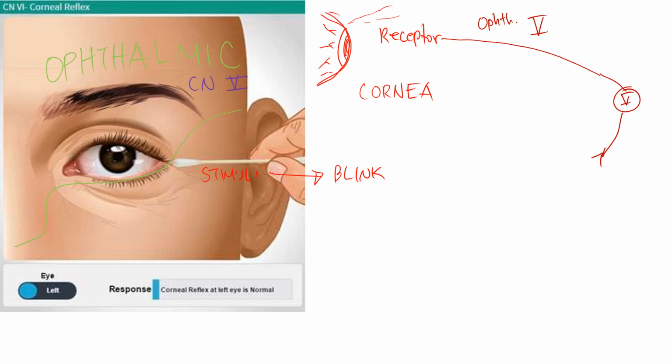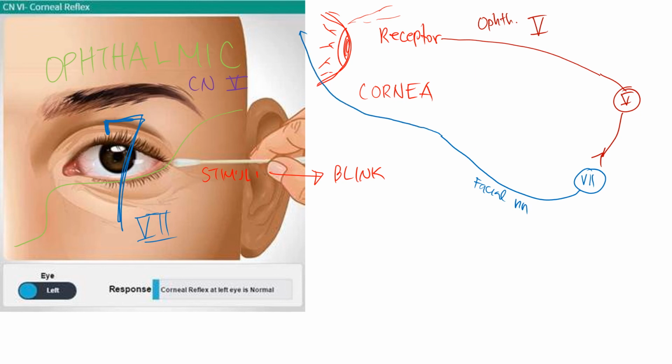Remember, in our last lecture, I said, picture a hook that closes your eyelid, and that is your cranial nerve 7, your facial. So, you have your facial nerve, cranial nerve number 7 nuclei, it synapses with that, and this is your facial nerve, and it synapses with the muscles of your eyelid and closes your eyelid.